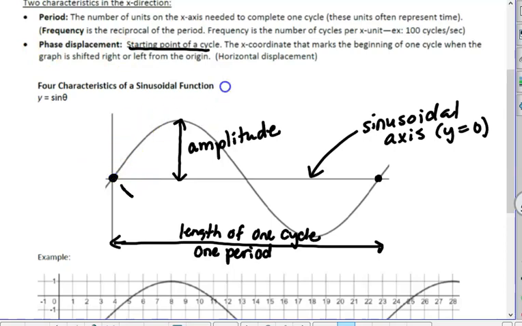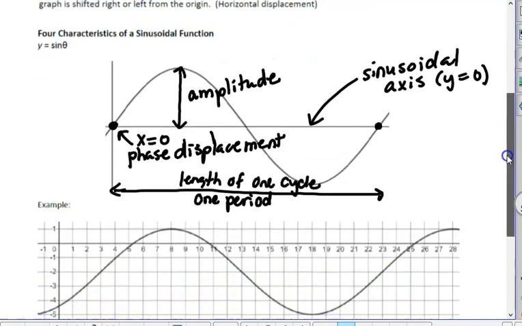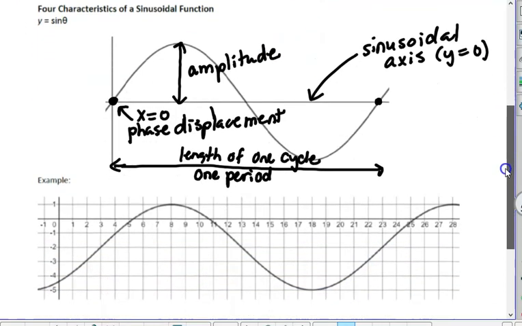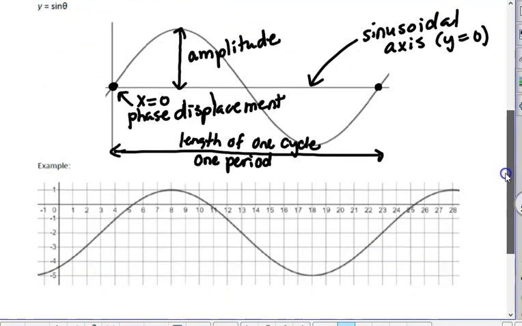So right now x equals 0 is the phase displacement. So there's really no displacement yet. We haven't moved it off of its original spot, but we would still say that the starting point would be 0. So let's look at these four characteristics on a graph now that has been moved off of the origin and moved up and down.